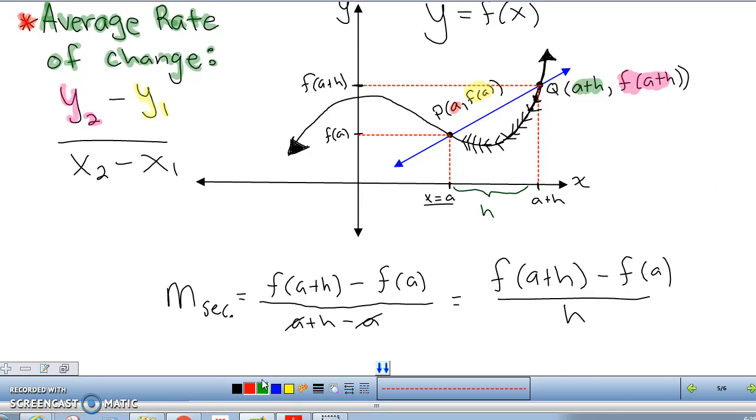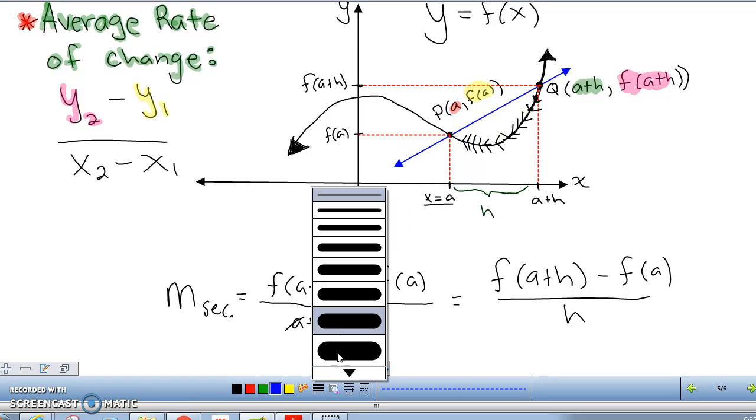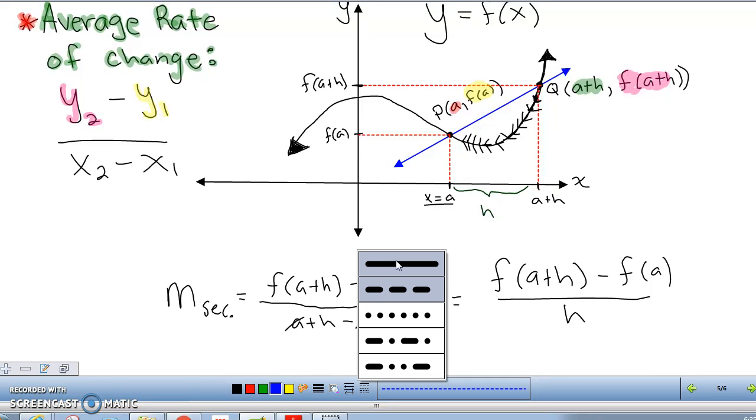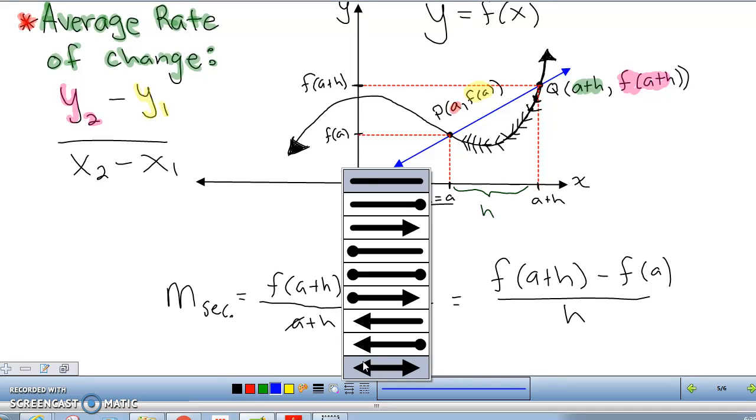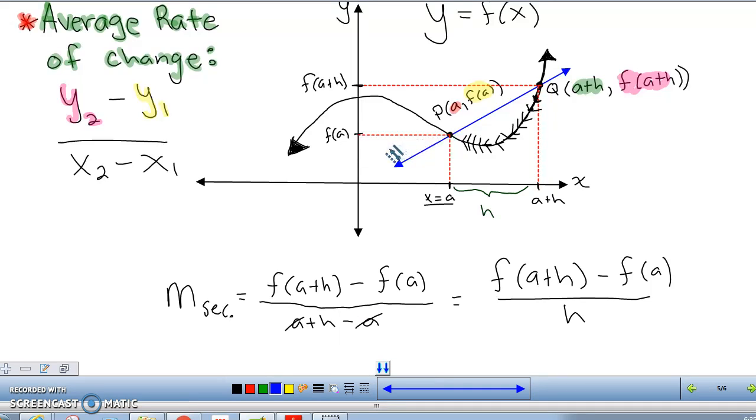If we can move it, it'll eventually look something like this. Okay, as we move this point closer and closer and closer to x equals a, this blue line has to move along with it.